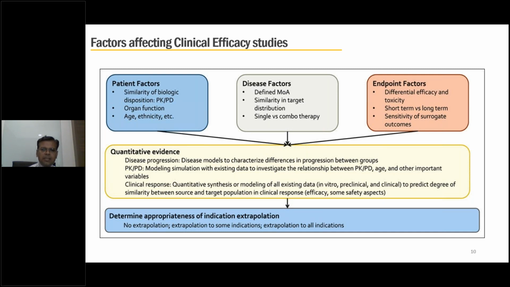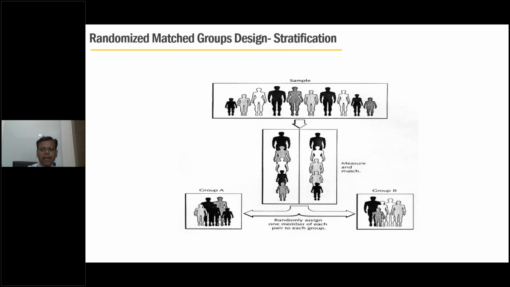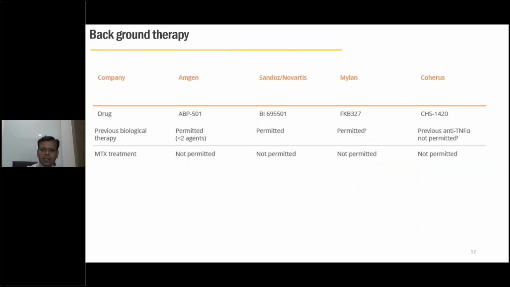All these factors put together comprise the factors for designing the efficacy studies. And stratification is definitely one of the main criteria for the development of biosimilars.